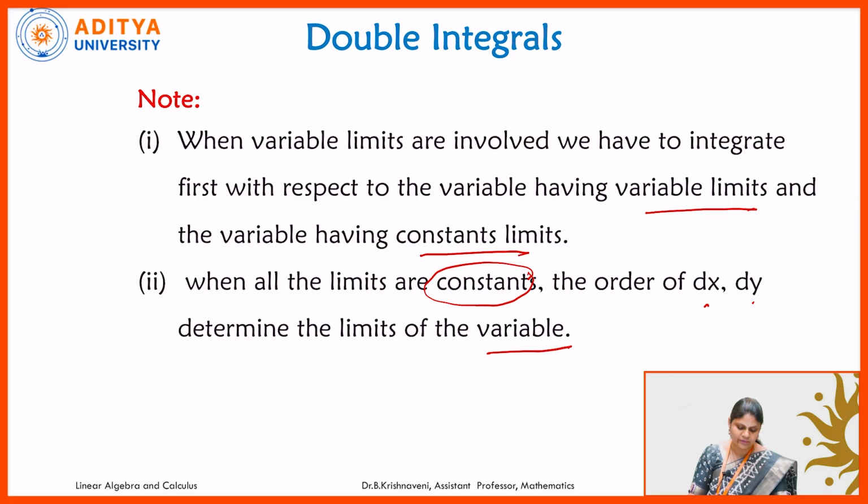So the first note is: if the limits are variable, we need to specify which limits they are, then decide the order of integration. Coming to the second note, if all the limits are constant, you can follow the order given in the question, and that order determines which limits belong to which variable.